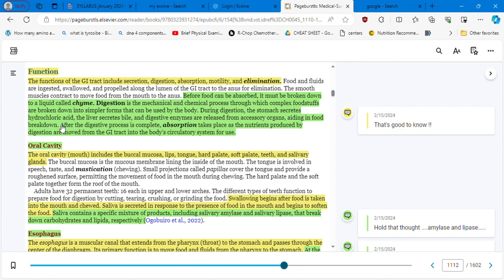So let me make a parenthesis here. One of the biggest problems in healthcare in general, one of the biggest problems in human health, happens to be based on deficiency of hydrochloric acid, or lack of bile, or lack of digestive enzymes.